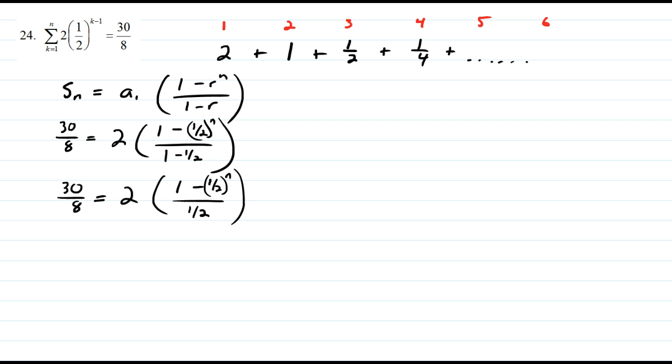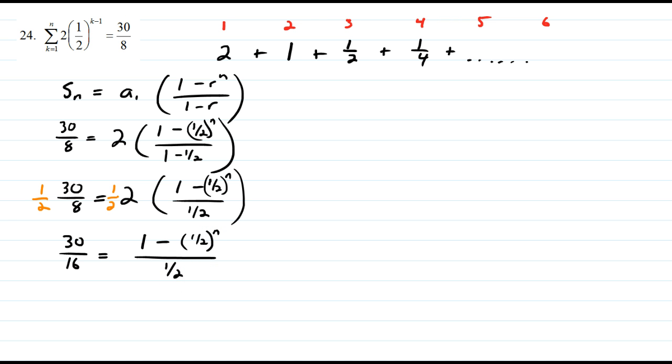And so I'm going to get rid of this 2 on the outside by multiplying by the reciprocal, or a 1/2. And so now that gives me 30/16, which is equal to 1 minus the 1/2.